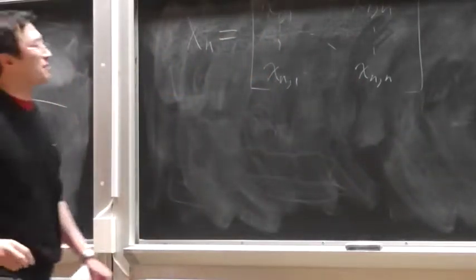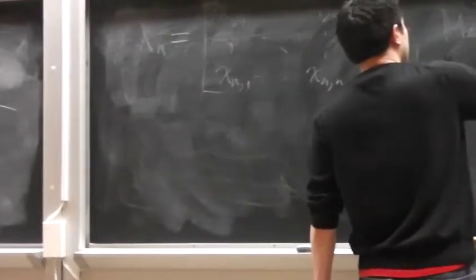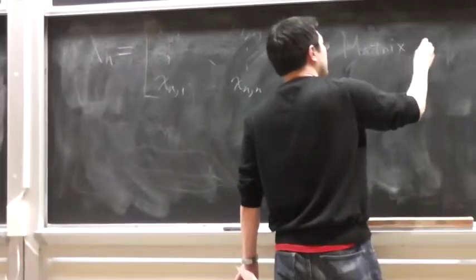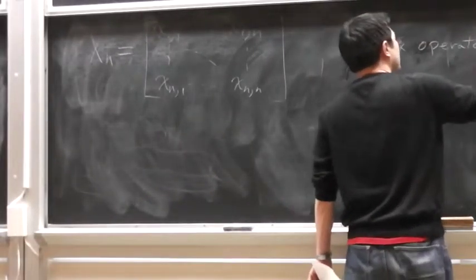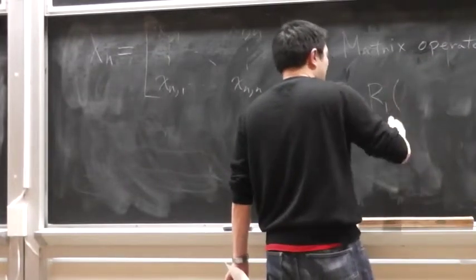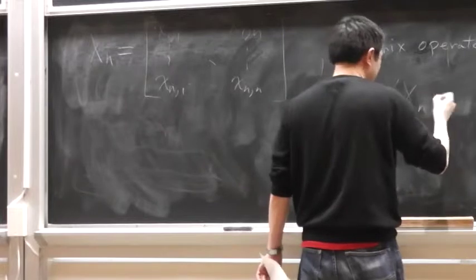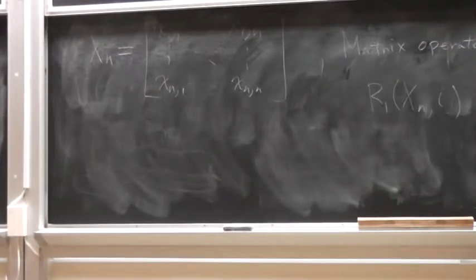We can define some matrix operator R1, where R1 of xn gives you some n minus 1 by n minus 1 matrix.